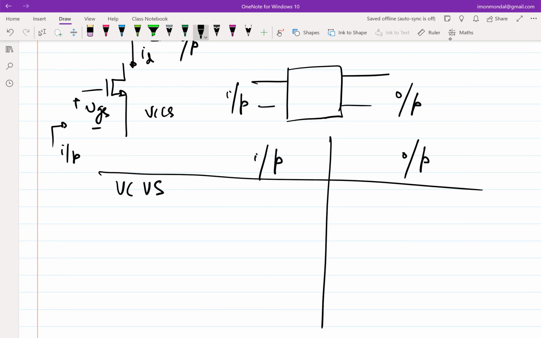What experiment will you do to figure out whether the stuff inside the box is a VCVS or a CCVS or one of the four sources? Let's assume I want to figure out whether it's a VCVS. What experiment will you do, or what characteristics of this network N will you be looking at to figure out what type of controlled source it is?